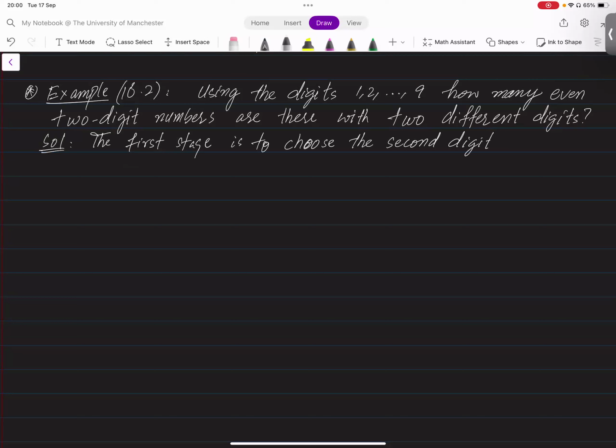Because we are choosing an even integer, the second digit could be 2, 4, 6, 8. It can be done in four ways.